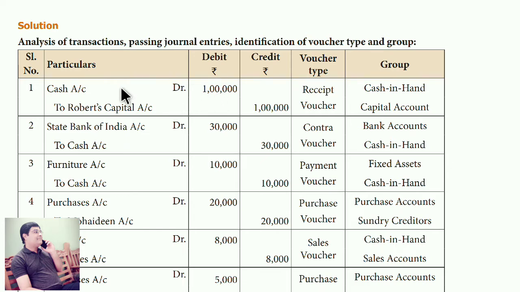On the left-hand side of your page, write the heading serial number, in the particulars column write particulars, in the debit column write debit, in the credit column write credit rupees, next write voucher type, and next write group. Now the first entry is cash account debit to Robert capital account, rupees 1 lakh.